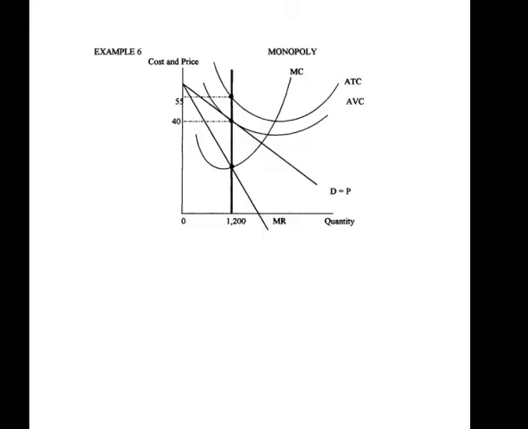If you want to calculate total revenue, it's $40, the price, times 1,200 units. Total cost, well, it's $55 a unit times 1,200 units. And the difference between total revenue minus total cost, in this case, is a negative number, meaning that they've experienced an economic loss.